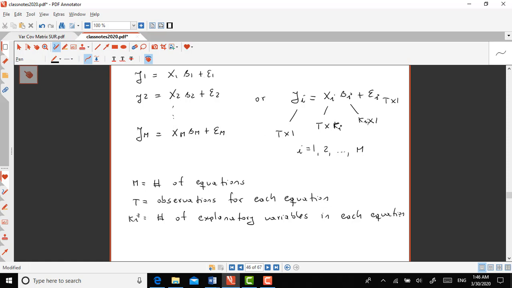Okay, so that's the game. What we have is multiple equations with different explanatory variables, where each equation has its dependent variable, explanatory variables, its coefficients, and its errors.